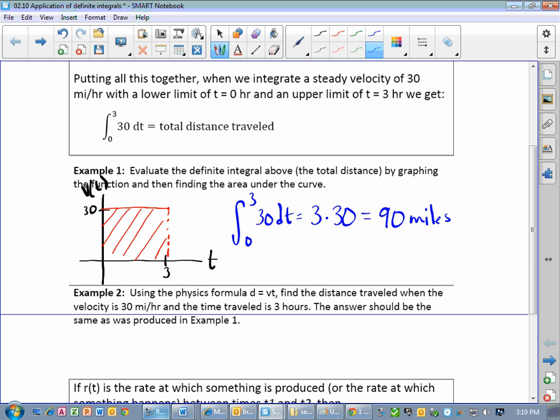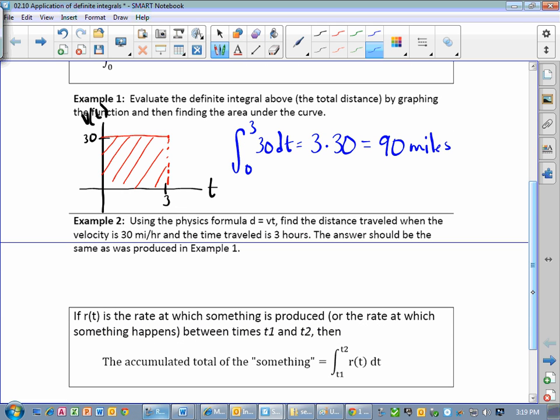Okay. Now let's use the physics formula. Distance equals rate times time. Okay, now what was our velocity for this problem? 30. And what's our time? 3. So our distance would be 90 miles. Now think about this for a second.